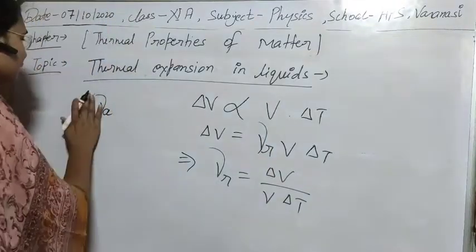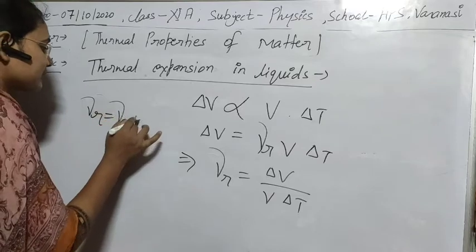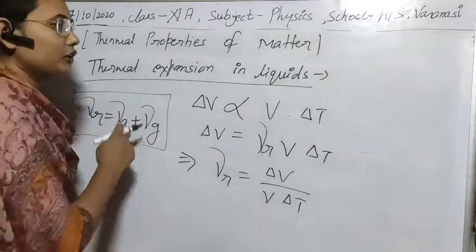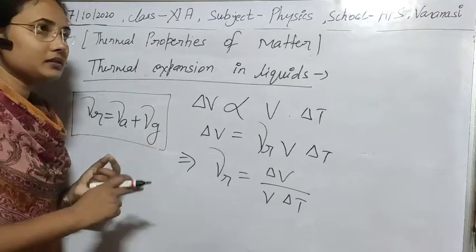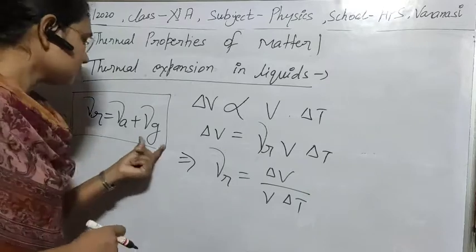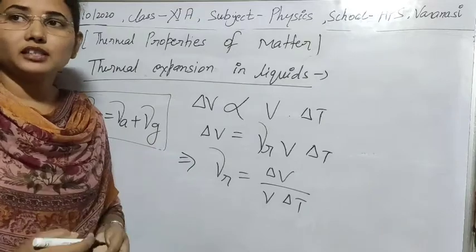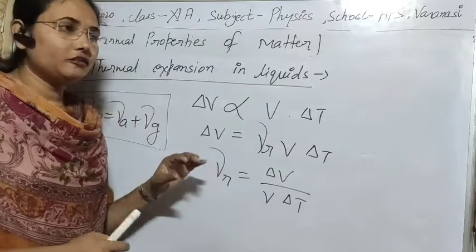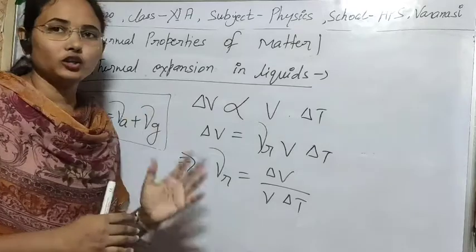That is given by: real expansion is apparent expansion plus the volume expansion in case of solids. Sorry guys, as you know, if we provide some thermal energy to any solid, then the solid will show volume expansion, and for that volume expansion we will have a coefficient of volume expansion.